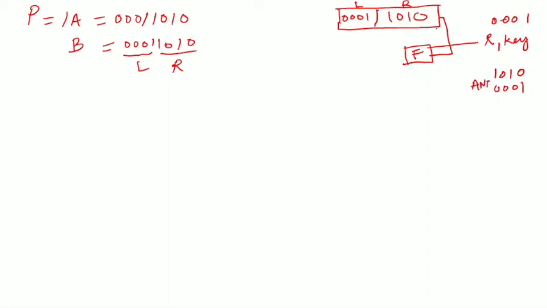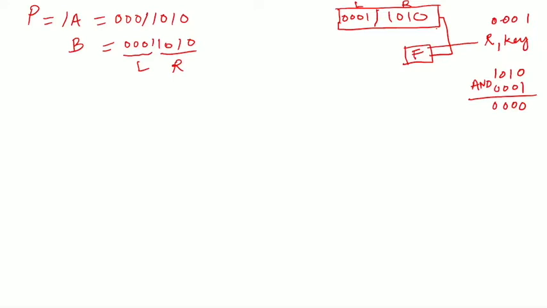If we do the AND operation, which just means that only if the 2 corresponding bits are 1 do you have a 1 as the output, otherwise you always have a 0. Since we don't have 2 corresponding bits as 1 in any of these cases, we will put all of them as 0. That's the result of the AND operation of the right half with the round key, and that's our substitution.